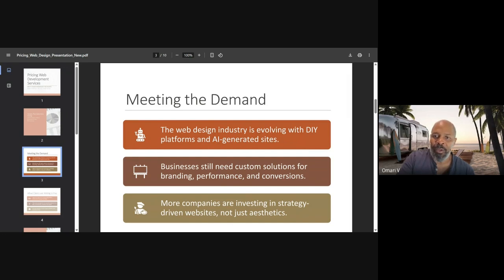So even though there are these AI generation types of things and all of those kinds of solutions out there, business owners still require custom solutions for branding, performance, and conversion. So these can be opportunities for web designers to hone their skill set or their offering in order to charge more for services. And more companies are investing in strategy-driven websites rather than just aesthetics.